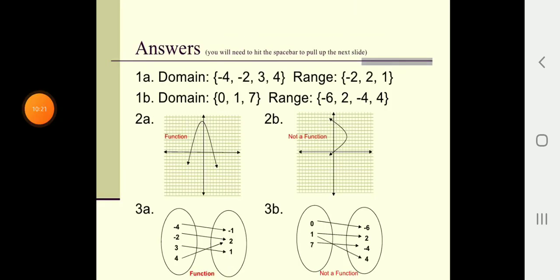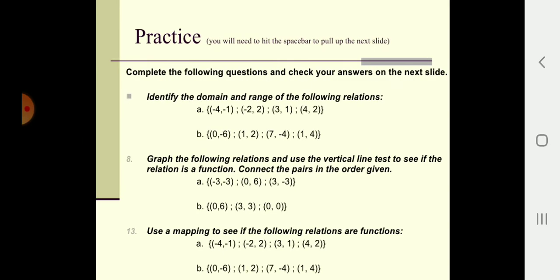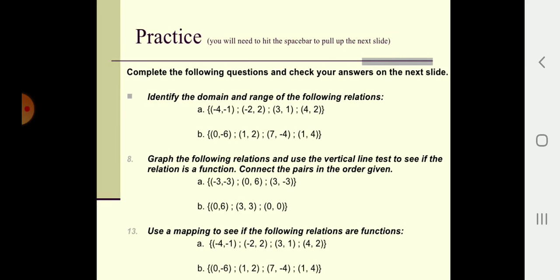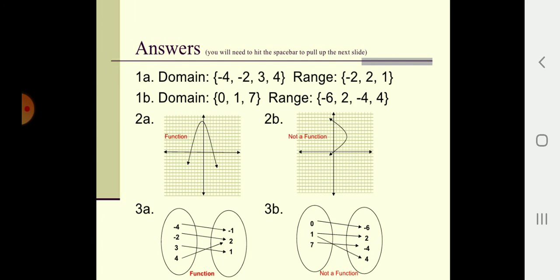Here are the answers. Number 1: identify the domain and the range of the following relations. Letter A: the domain is negative 4, negative 2, 3, 4. The range is negative 2, 2, and 1.